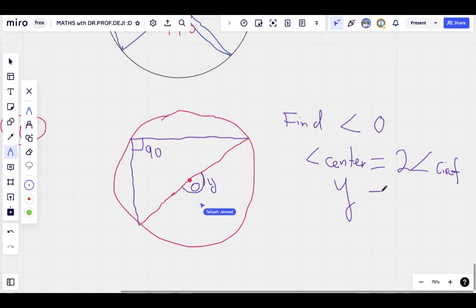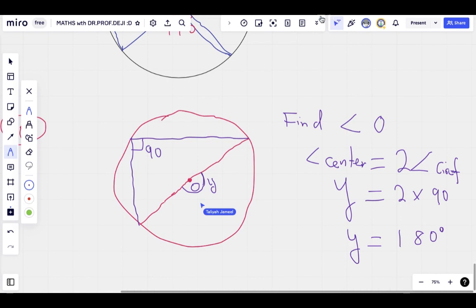We don't know the value, and the angle at the circumference is 90. So we say 2 multiplied by 90, which is the angle at the circumference, will give us 180. So the angle at the center will be equal to 180 degrees. Okay, so this is one application of how we use the angle at the center equal to twice the angle at the circumference. Is that okay?